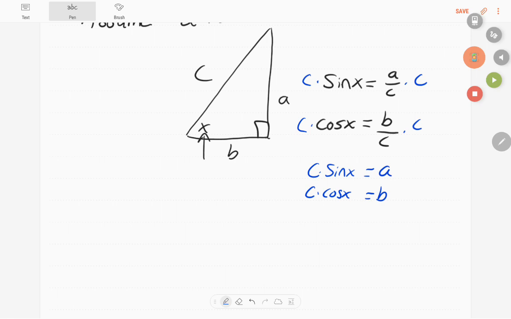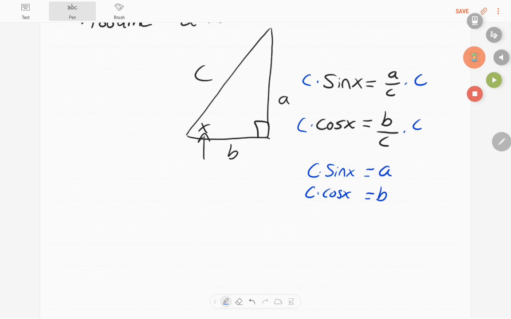Now if I continue with this, I will square everything. Since there's no addition inside the parentheses, there's no issue with me doing c squared times sine of x squared. I'm going to put the 2 here so you start feeling more comfortable with that. Plus c squared times cosine squared of x. Now notice there's a c squared on each term, so I can divide out c squared.